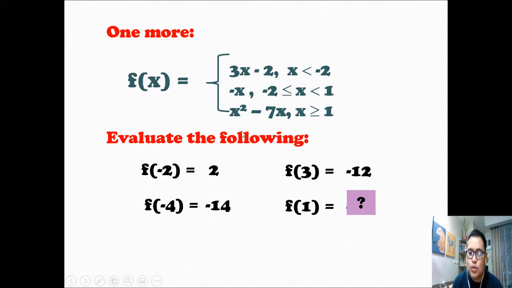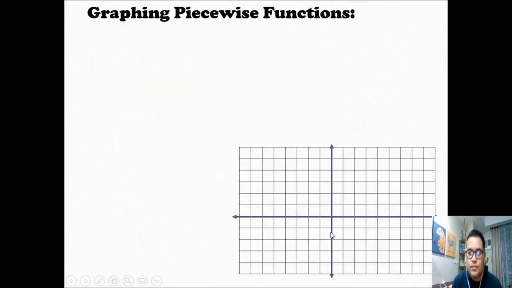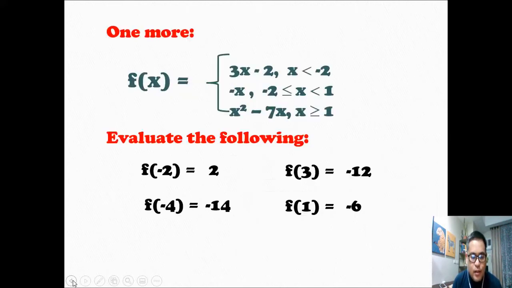So let's substitute. 1 squared is 1 minus 7 times 1. 7 times 1 is 7. So 1 minus 7. So what is your answer? Negative 6. Let's see if your answer is negative 6. Very good. So therefore, it's easy to evaluate piecewise function.